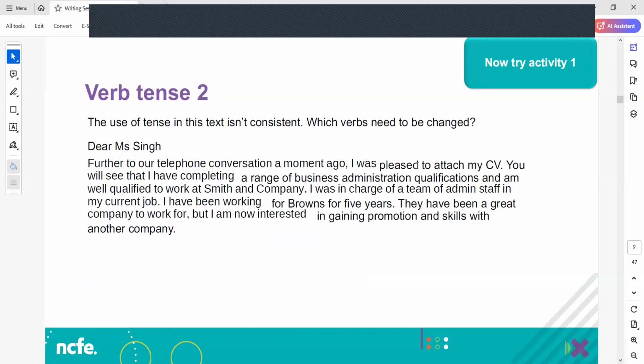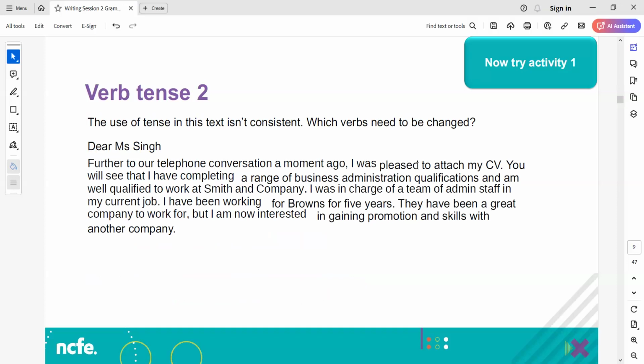Okay, so we've got an example paragraph here, it's a letter. The use of tense isn't consistent. Which verbs need to be changed? So I'll read it out loud and see if you can spot any verbs that are not consistent and need to be changed. Dear Mrs. Singh, further to our telephone conversation a moment ago, I was pleased to attach my CV.